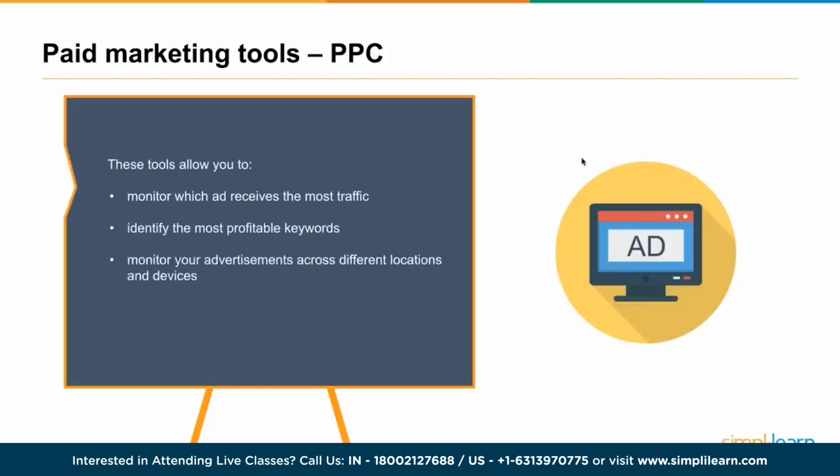We want to monitor our cost across different locations and devices. Not only cost, but we also want to monitor how our ads and keywords are performing across different locations and devices. So we want to be able to measure by device. We also want to analyze competitors' data.